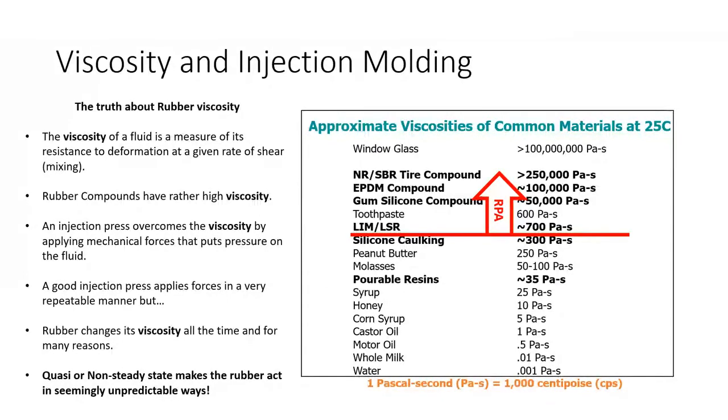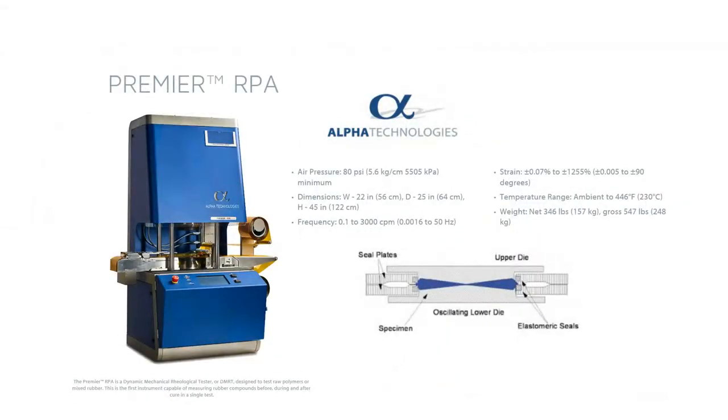All right, so what is an RPA? Well, I'll tell you what an RPA is. RD Abbott owns several of these and works exclusively with Alpha because we find that these machines can evaluate viscoelasticity. And that, I think, is the key word here.